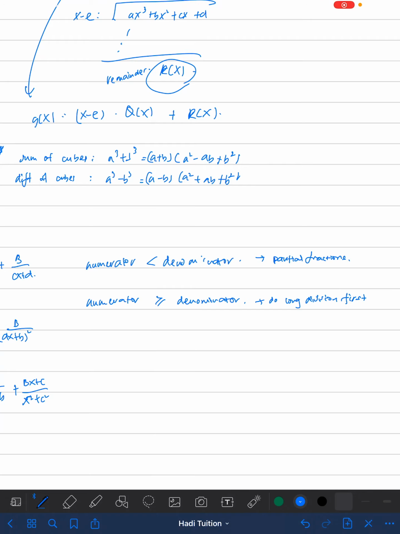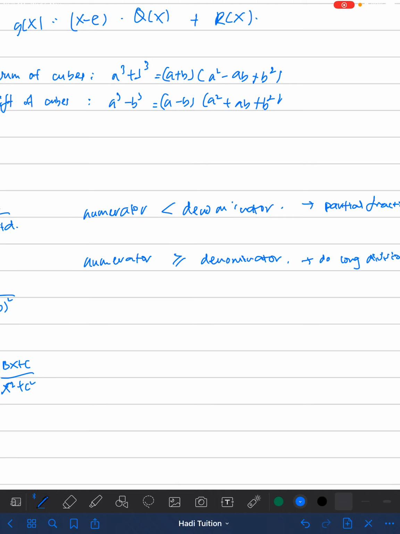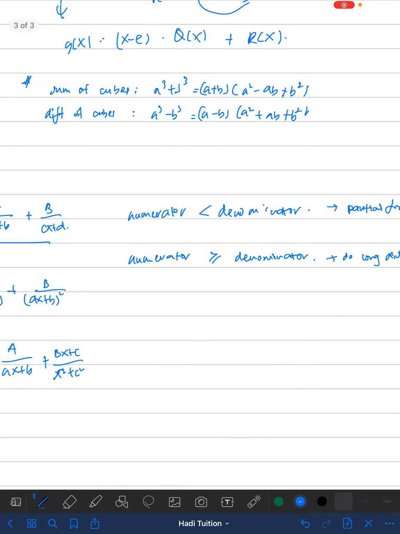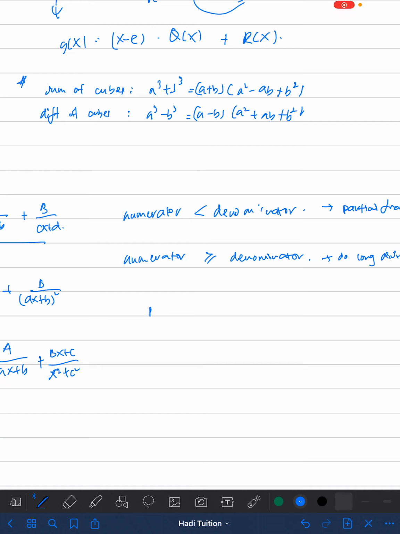Okay, finally, to solve for, let's take the first case. To solve for this, just multiply one side to the other. So px plus q over ax plus b, cx plus d is equal to A over ax plus b plus B over cx plus d.